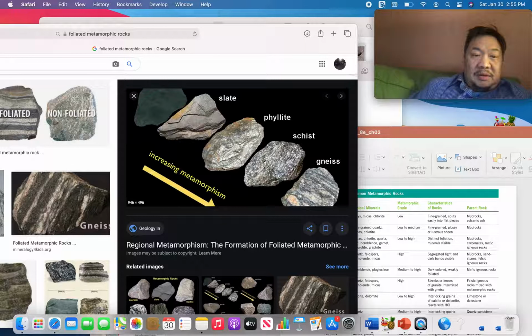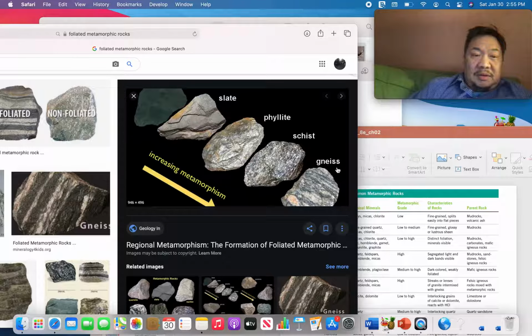If we increase pressures and temperatures even more, like deeper in the earth, we can make another type of metamorphic rock called schist. And notice that the crystals have grown even larger, and there's a more pronounced foliation with schist. If we increase pressures and temperatures even more, we can make a gneiss.